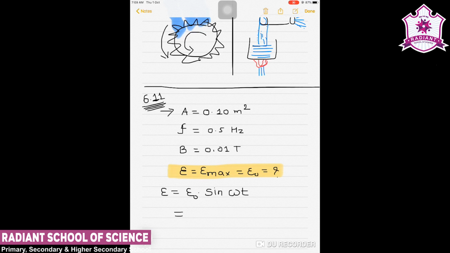So in place of E0, we replace the term NBA omega, and then sine omega t.